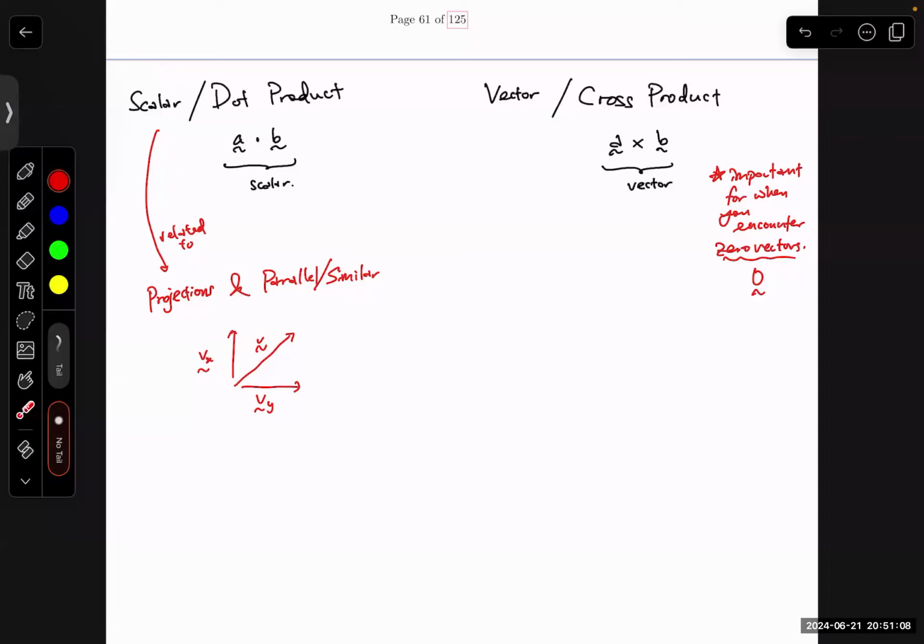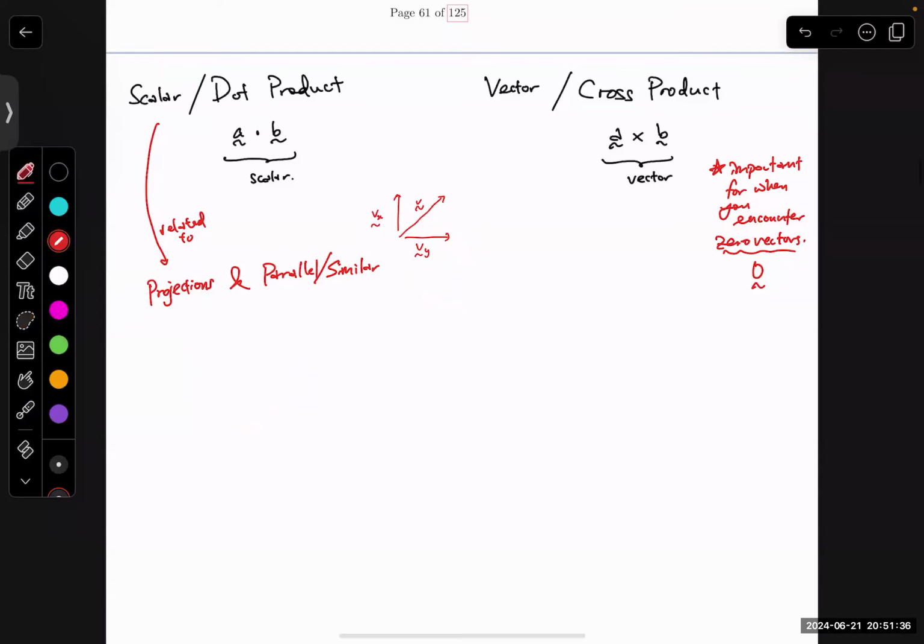The dot product can sometimes be used to talk about how much a vector is similar to another vector. So let's throw this aside. It's not very useful, just for the physics students who find this a little bit familiar.